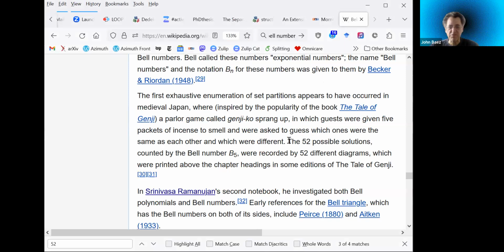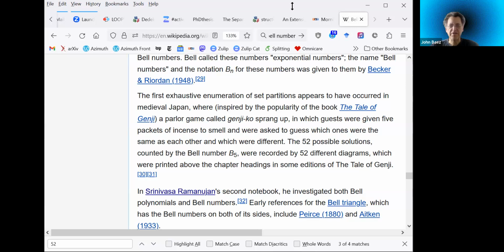And there were 52 possible solutions, counted by the Bell number B5, and they were drawn as 15 different diagrams, which are printed above the chapter headings in some editions of the Tale of Genji.